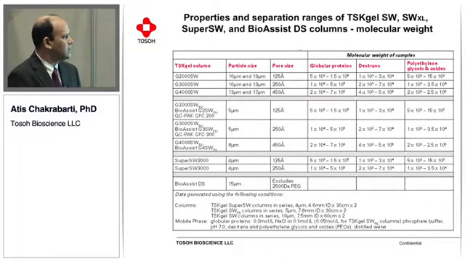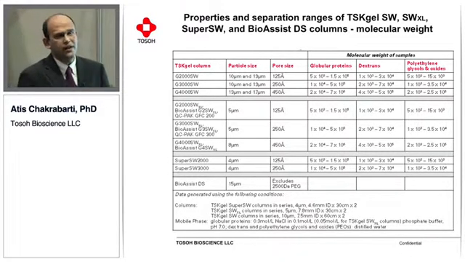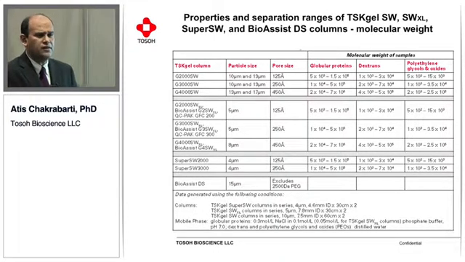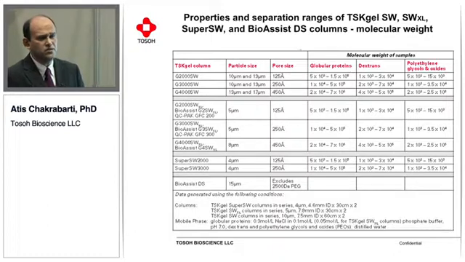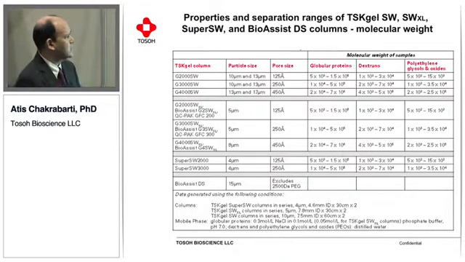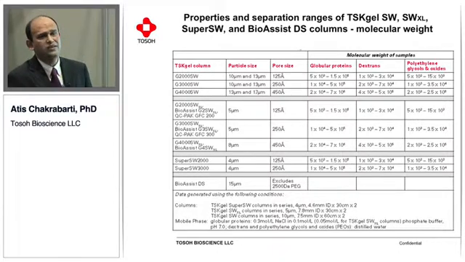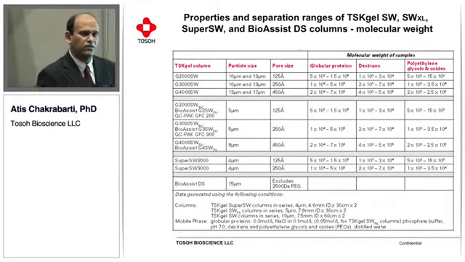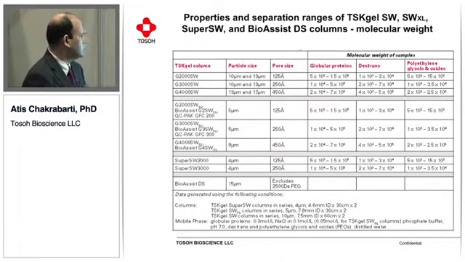So we have used globular dextrans, globular proteins, as well as PEG, linear, branched and globular. Depending on the protein of interest in your sample, you have to choose which calibration curve to use, and we have the different molecular weight ranges available for each of these columns, so you can use this table to select the best column for your separation.